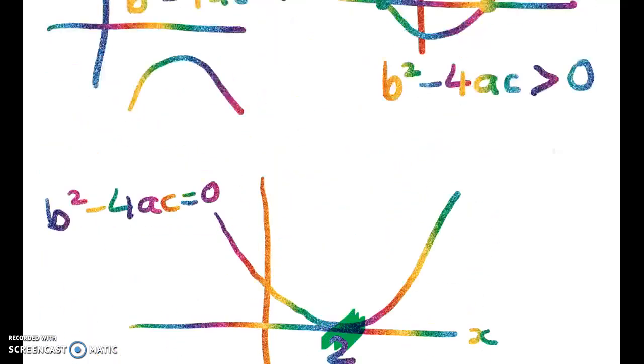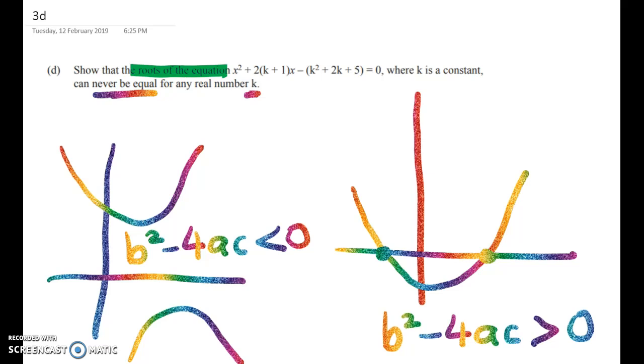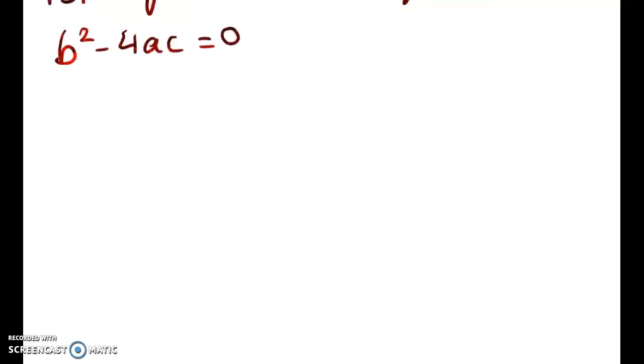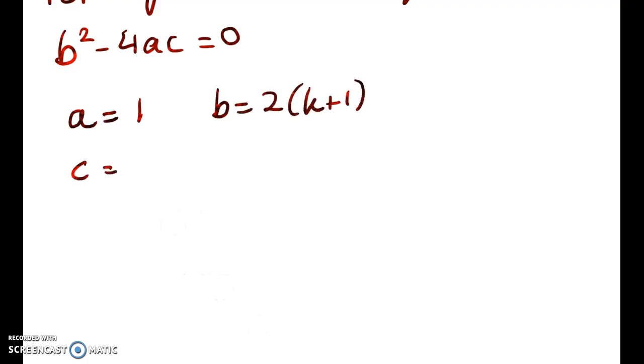So we go back to the equation, and we've got an a of 1, a b of 2 times (k plus 1), and a c of all of that. So we're going to write those out, and then we're going to substitute them into my discriminant formula. So a is 1, b is 2 times (k plus 1), and c is negative, in brackets, k squared plus 2k plus 5.